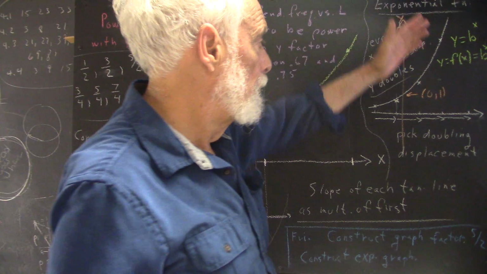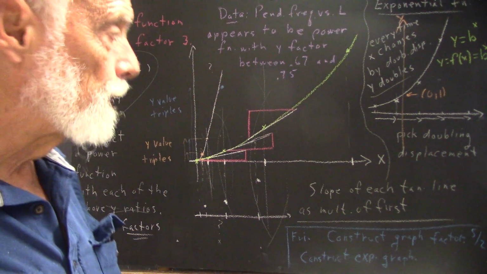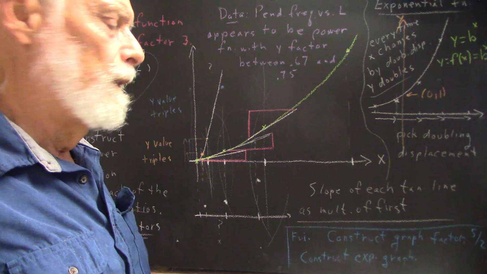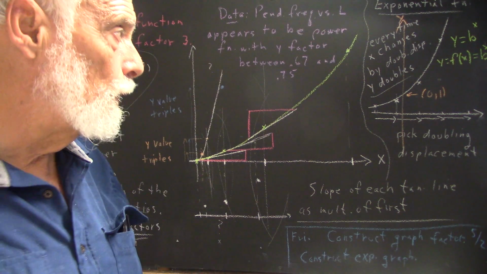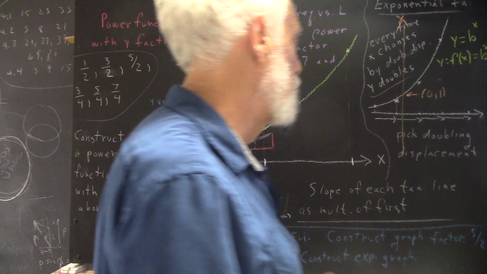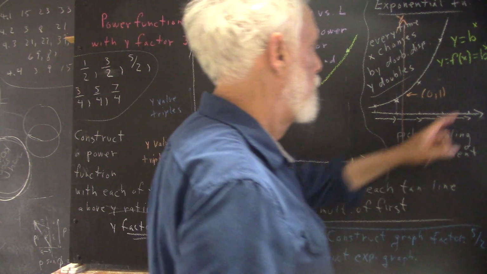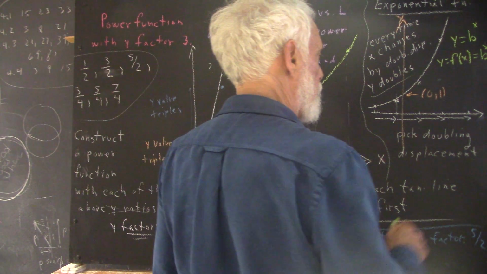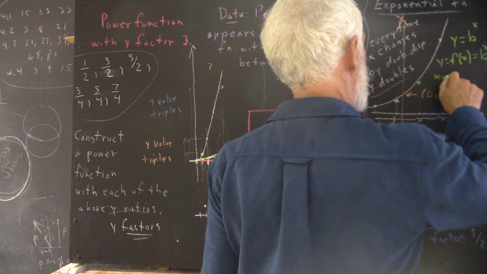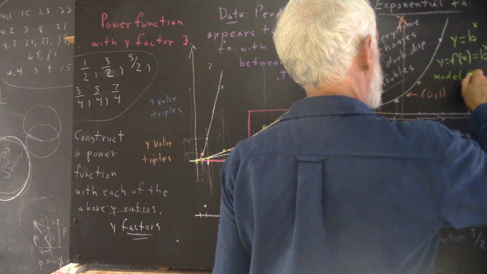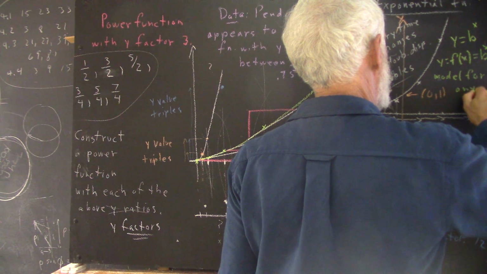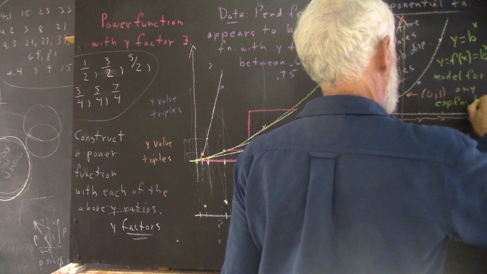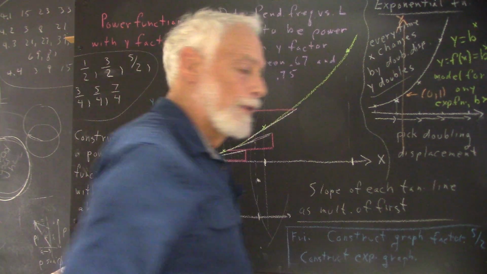Okay, so there's a graph of an exponential function, and this graph serves to model any exponential function whatsoever, sort of, as long as b is greater than 1.